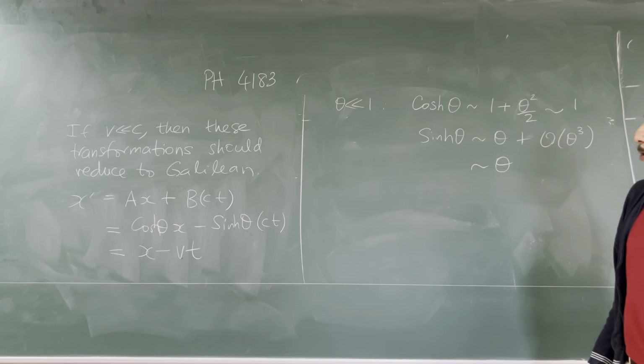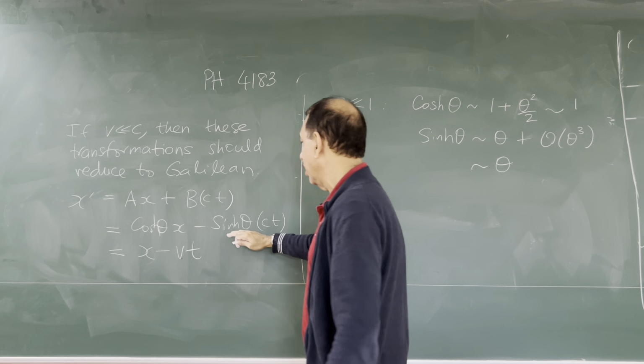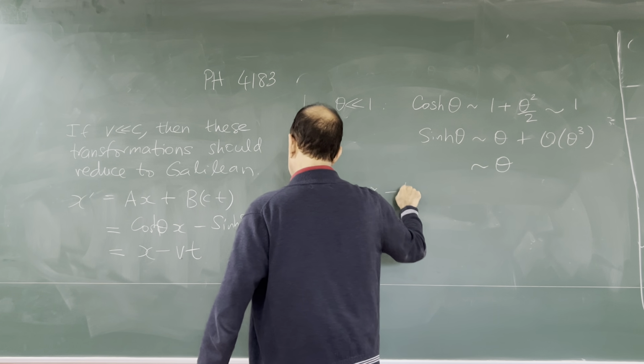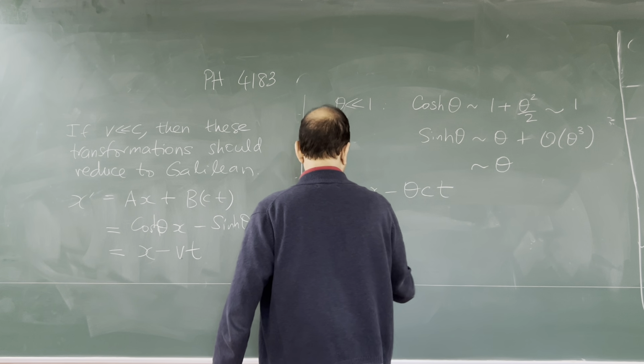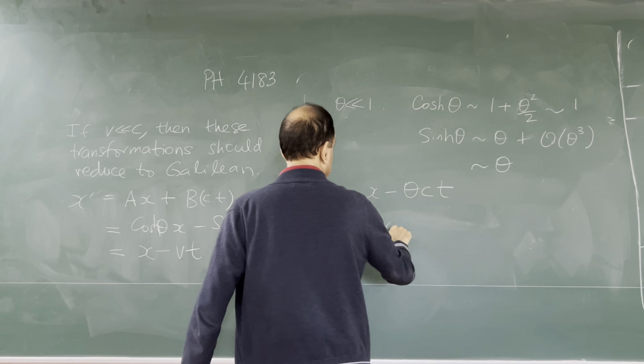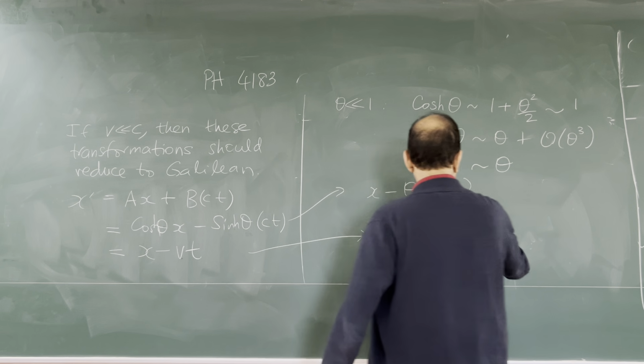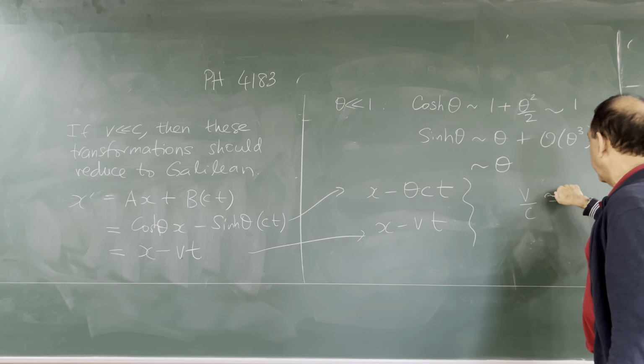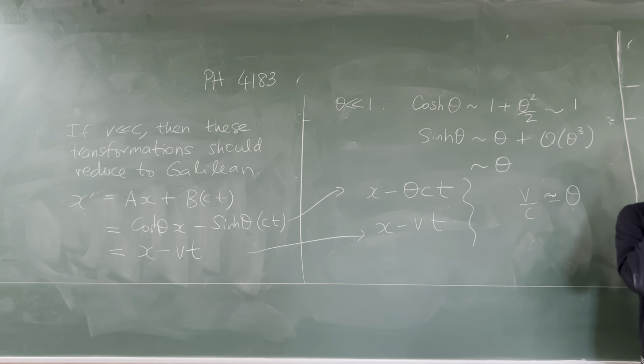Okay? So with that, we have to compare this line with this line, and this line is x minus theta ct, and this line is x minus vt. So comparing them, we find that v by c is approximately equal to theta for small v and small theta.